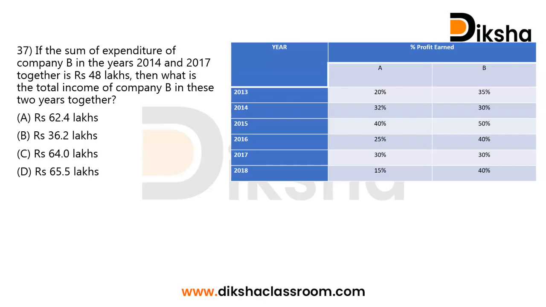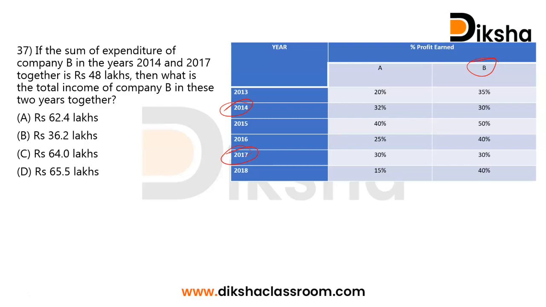We'll try to do the question. The question is regarding this: if the sum of expenditure of company B in the year 2014 and 2017 together is 48 lakhs, then what is the total income in these years?